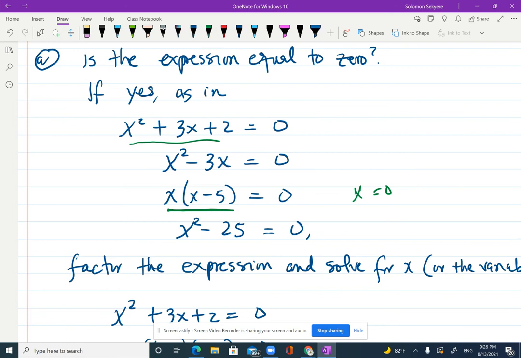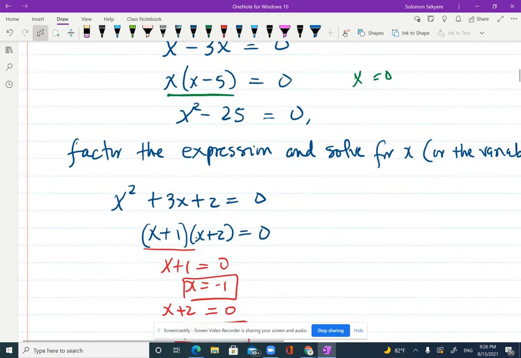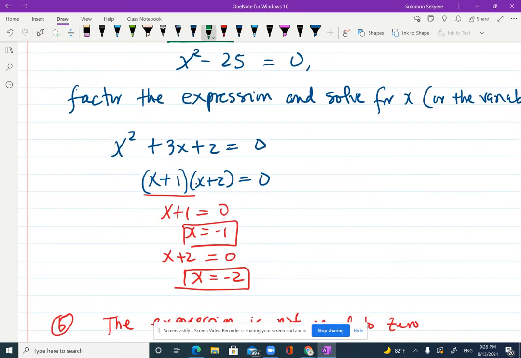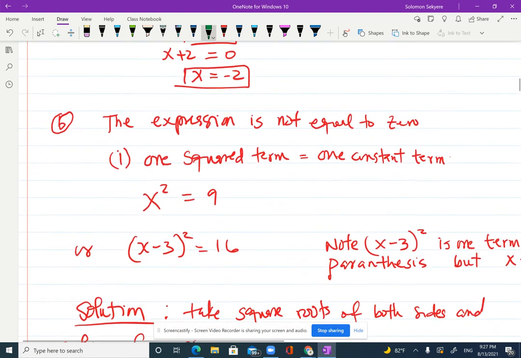So the whole thing is to look at the quadratic equation and ask yourself, is it equal to 0 or not? For example, here it is equal to 0, so I just factor it myself. Factors of 2 that add up to 3 are 1 and 2. I solve for my x.